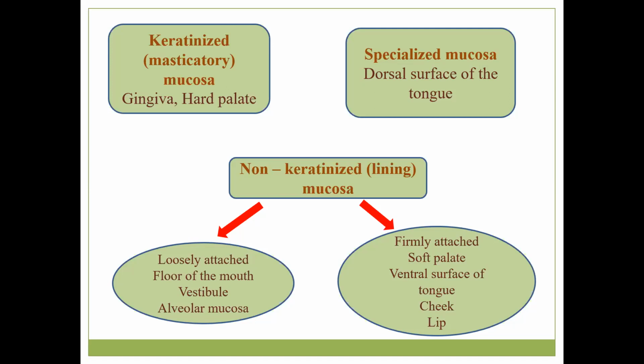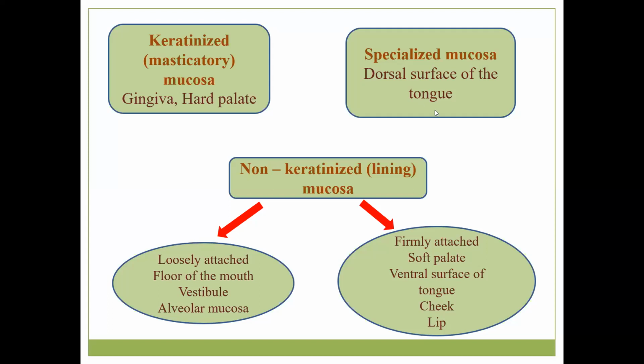The specialized mucosa is found on the dorsal surface of the tongue. In this specialized mucosa, you will have taste buds for the taste sensation.